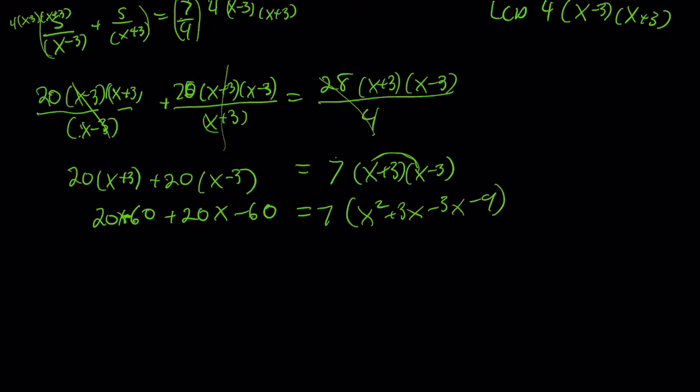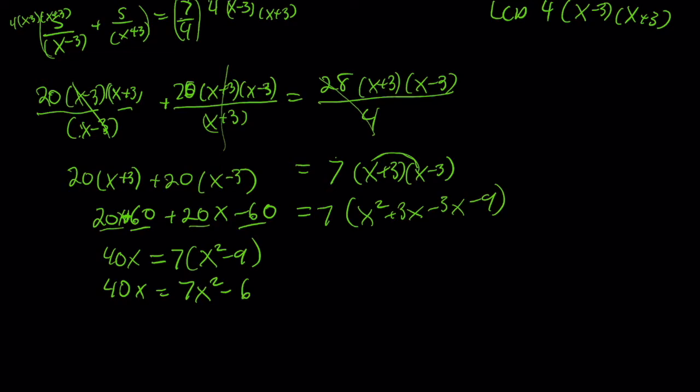I'd have 20x and 20x, so I've got 40x. 60 minus 60 is just going to give me 0. Here I have 7 times x squared minus 9. So 40x equals 7x squared minus 63. And then I'm going to move this 40x over. So I have 0 equals 7x squared minus 40x minus 63.